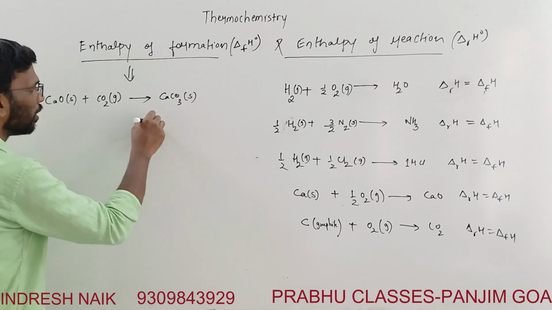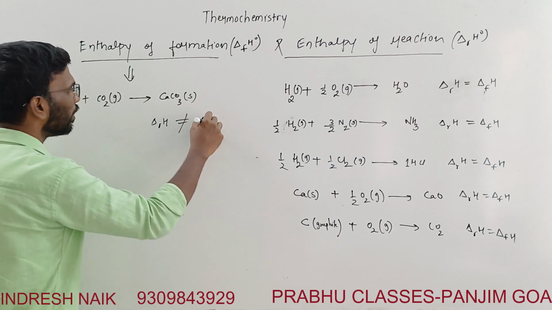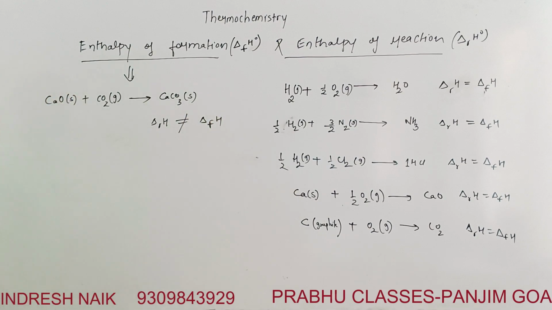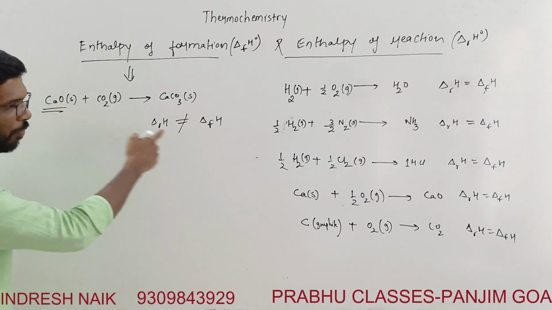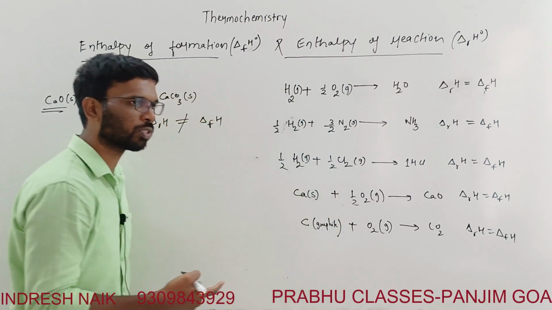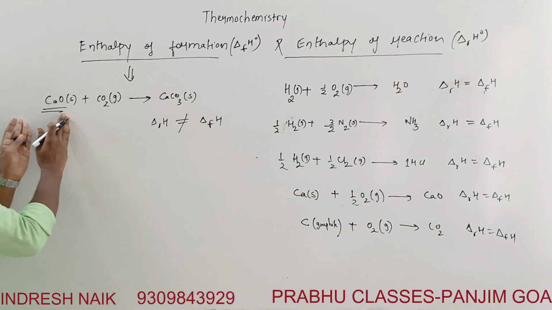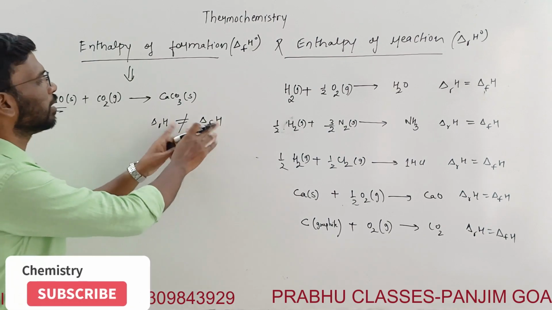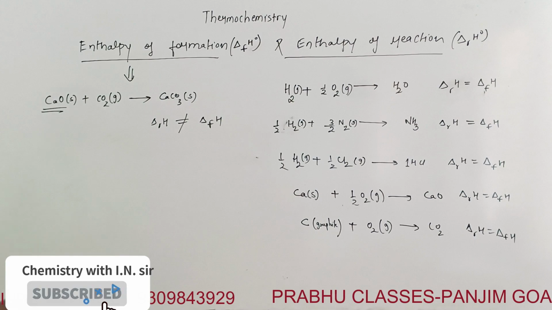For this reaction, enthalpy of the reaction is not equal to enthalpy of formation. The reason is that calcium oxide is formed from some other elements. How is calcium oxide formed? It is formed from calcium and oxygen, so a certain enthalpy, a certain energy, is required. So here enthalpy of reaction is not equal to enthalpy of formation. This is one example.